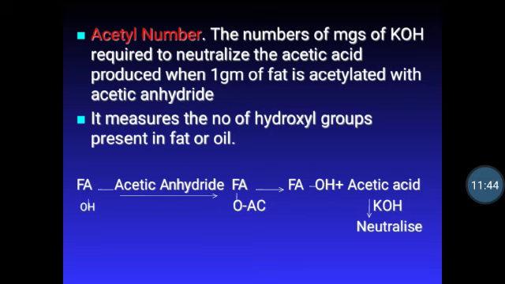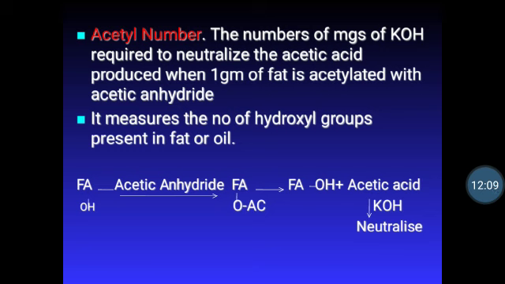The number of milligrams of potassium hydroxide required to neutralize the acetic acid produced when 1 gram of fat is acetylated with acetic anhydride. The acetyl number measures the number of hydroxyl groups present in fat or oil. Let's see the flow chart for understanding acetyl number.